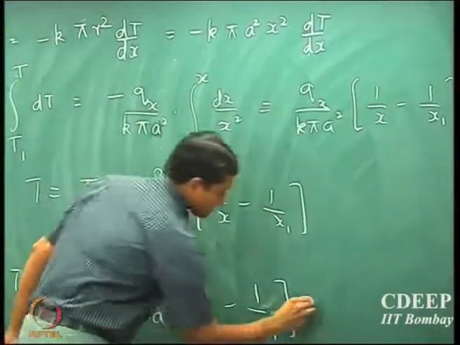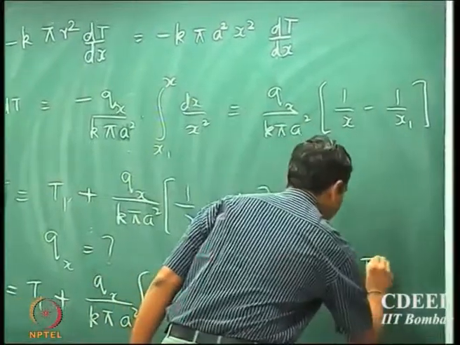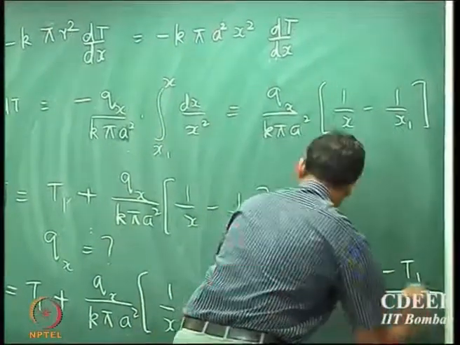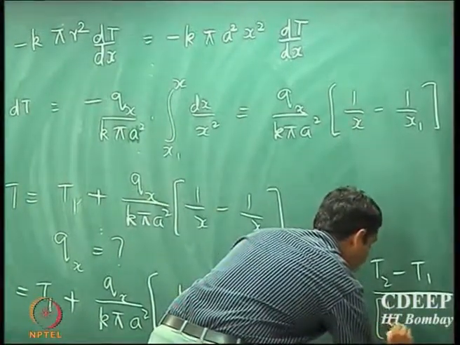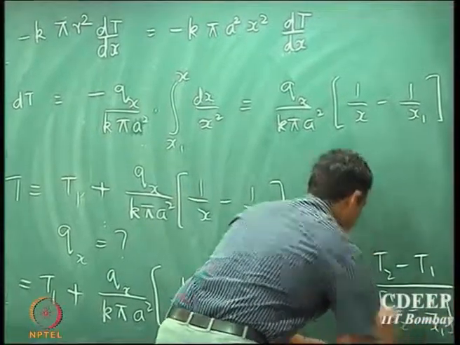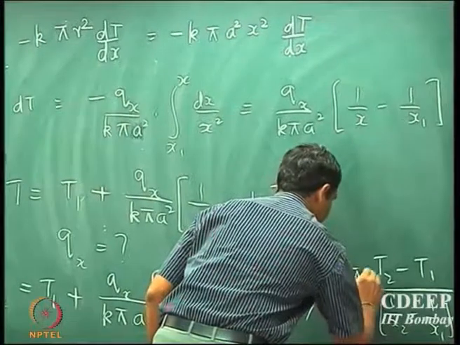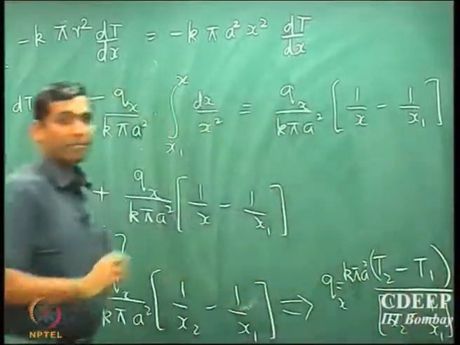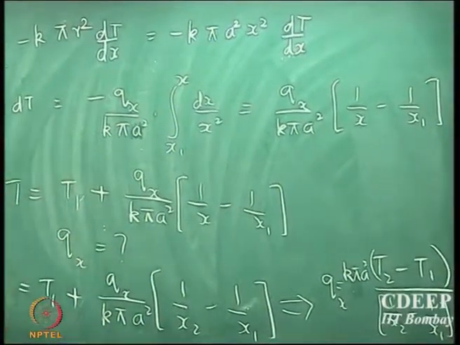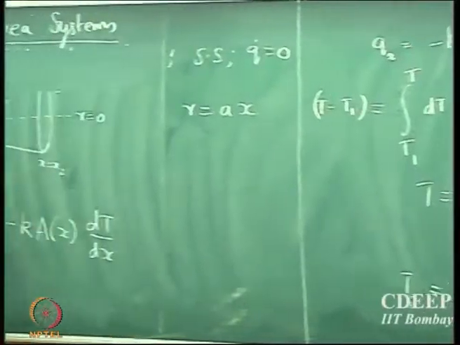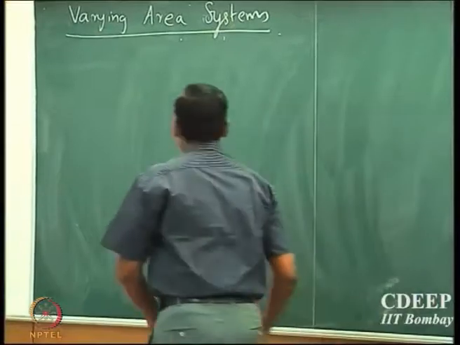So from here, Qx is given by T2 minus T1 divided by 1 by x2 minus 1 by x1, multiplied by k pi a square. And now we can plug this into our solution.